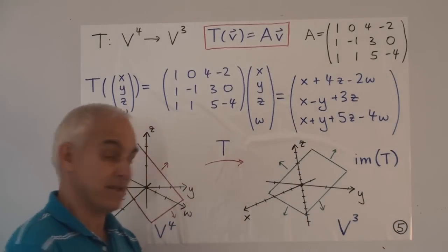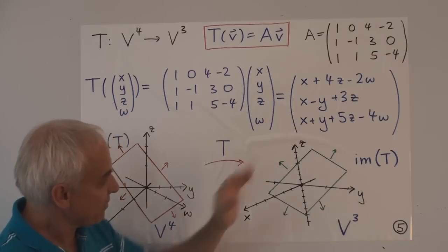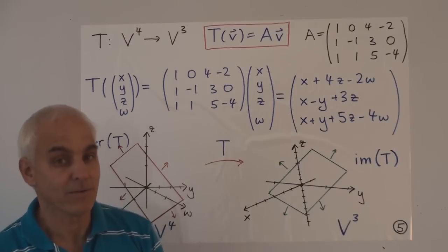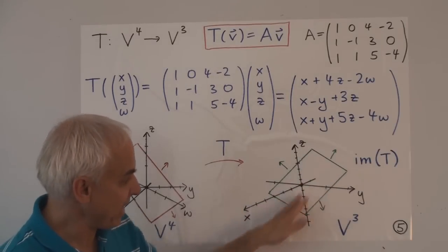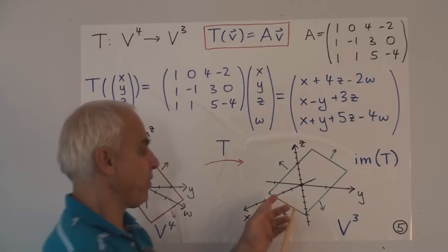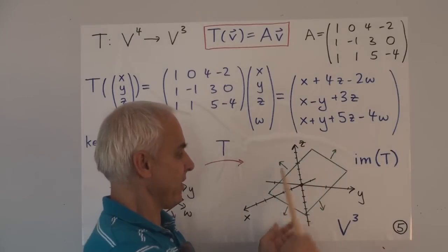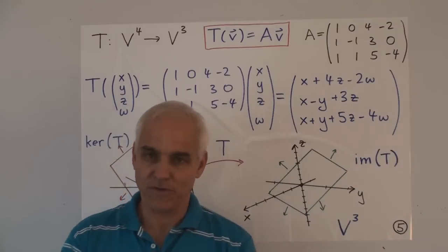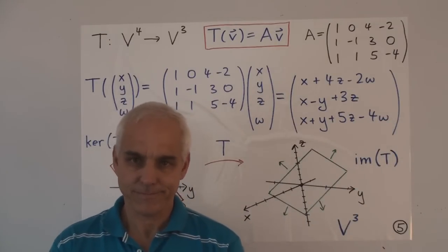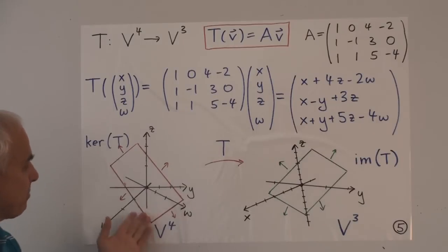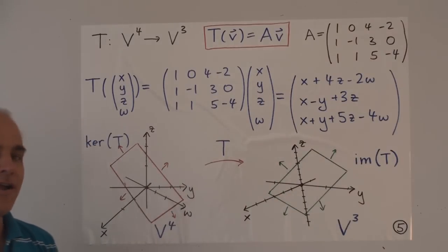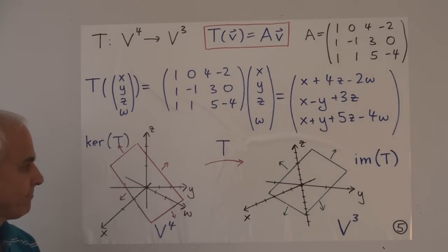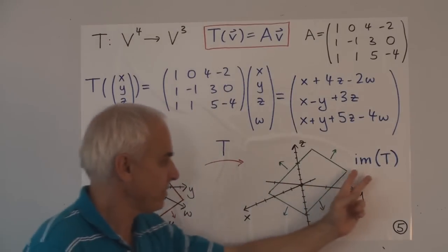We'll see shortly that that's in fact what happens. And the vectors over here that are in the image actually form a plane as well. It's now a plane in the three-dimensional space, and that plane we represent with this little rectangle, also going in different directions, and that's the image of the transformation. So these two spaces are fundamental in understanding the linear transformation. The kernel and the image.